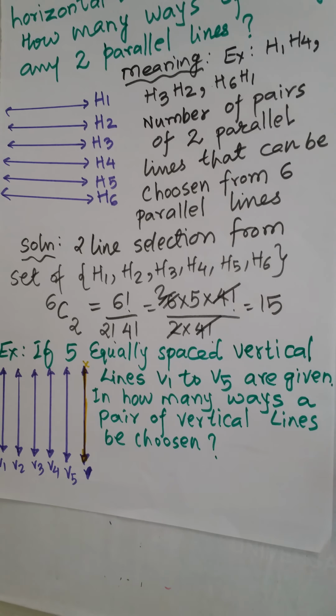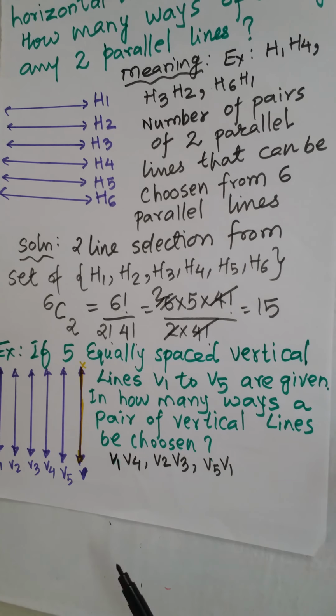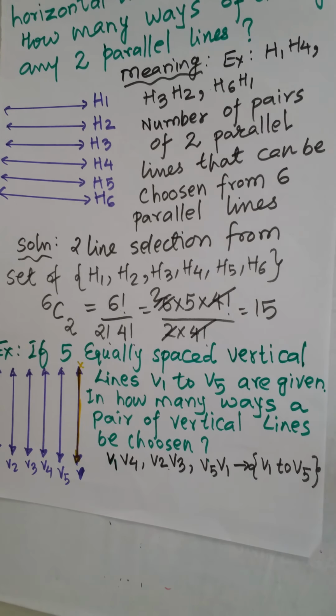So again the meaning is quite similar to the above question. What we want is a pair of lines like v1 v4, v2 v3, v5 v1 from the set of 5 lines v1 to v5. So two lines to be selected from the set of 5 lines is how much?